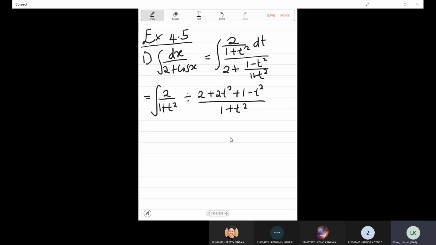When the division changes to multiplication and we write the reciprocal of the other, you can see that the 1 plus t squared cancel. So in the numerator I will have 2, and in the denominator I have t squared plus 3.